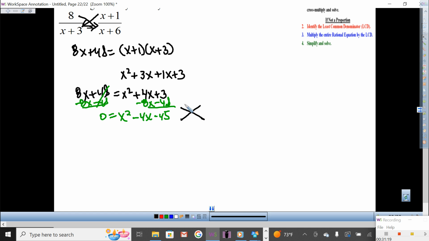Negative 45 and negative 4. Negative 9 and 5. So what do I write? 0 equals to what? X minus 9 and then x plus 5. Let's go.